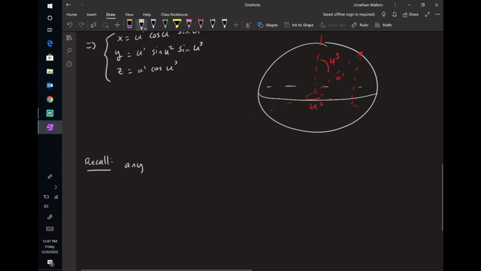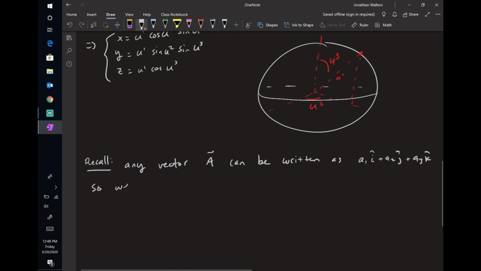Any vector A can be written as, we'll call it, A1 i hat plus A2 j hat plus A3 k hat.